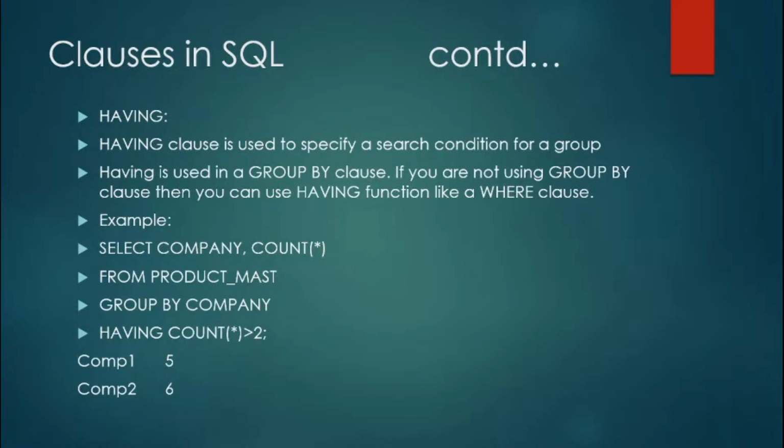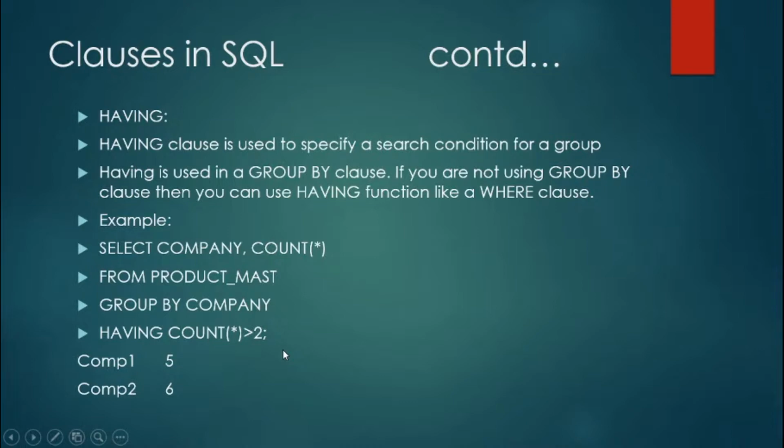Now let's see how it is used with an example. Select company, comma, count of star, which again fetches the number of rows, from product, which is the table name, group by company having count of star greater than 2.